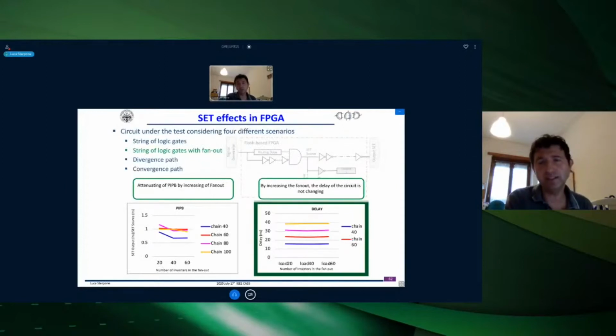So if we want to know exactly in which way we can mitigate them, what you need to do is to characterize. For example, by characterizing the fan out it is possible to identify that the fan out will influence the type of implementation we will have, and so we can tune the pulses.